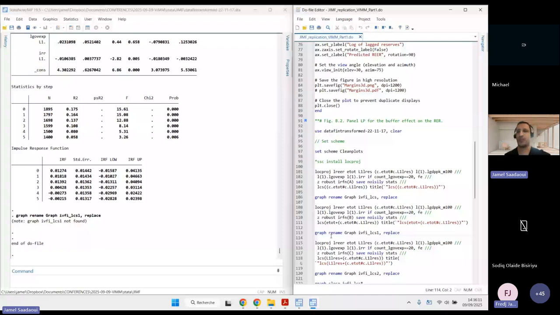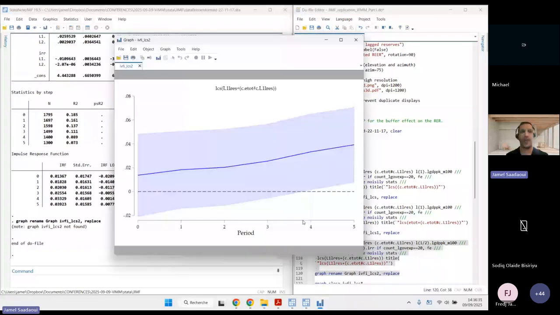You can introduce more lags. For example, if I introduce more lags for the control variable, I will also show you that later. For example, 3 or 2, you can do that. Let's see what happens. So in fact, it will include the lags.